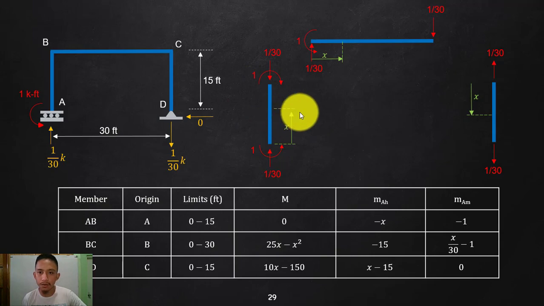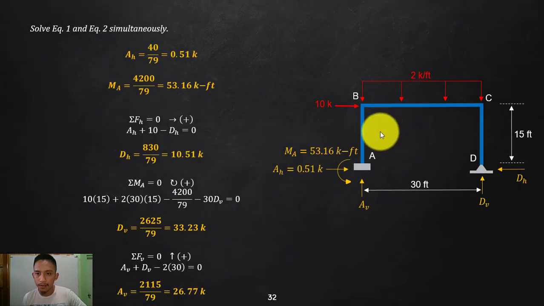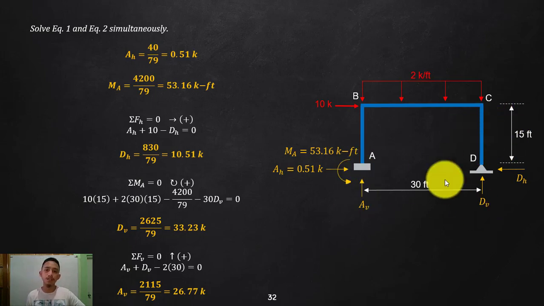Using whatever reactions we solved here, transfer that one to your member AB and then solve the corresponding reaction at the other end. Draw the shear and moment diagram of this separately. And then transfer the loading and get the reactions there, shear and moment diagram of your BC. And then the same thing with your CD. So that is frames.